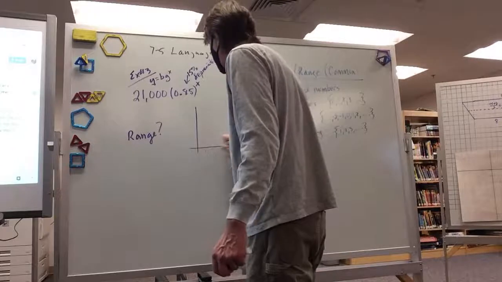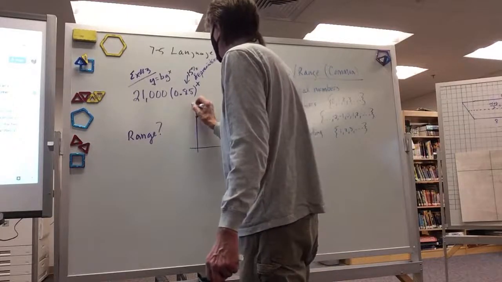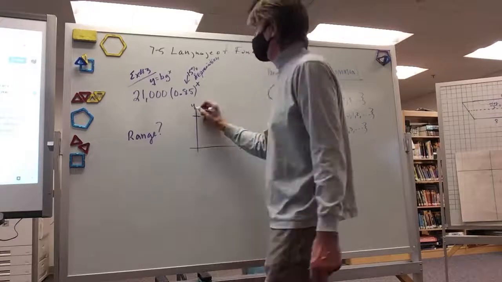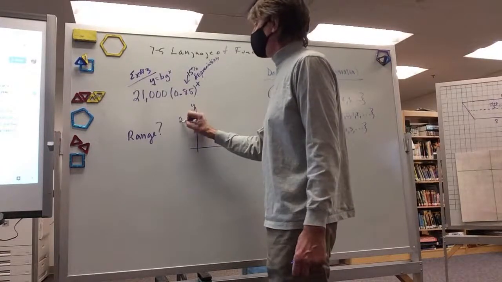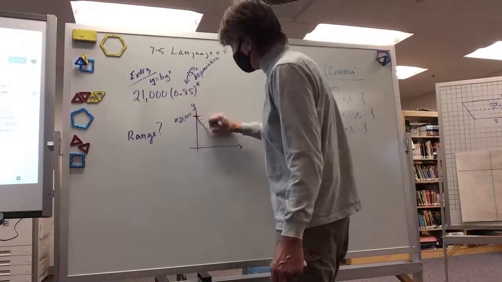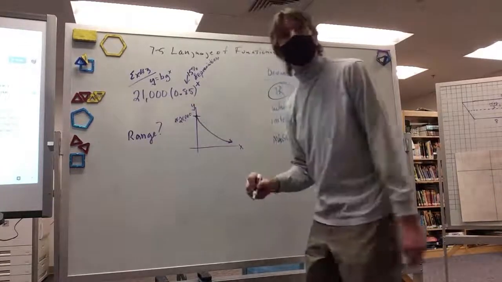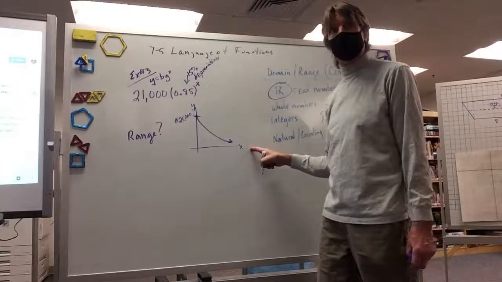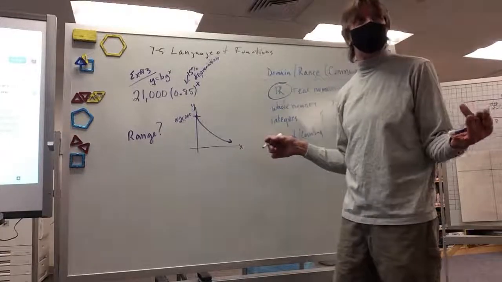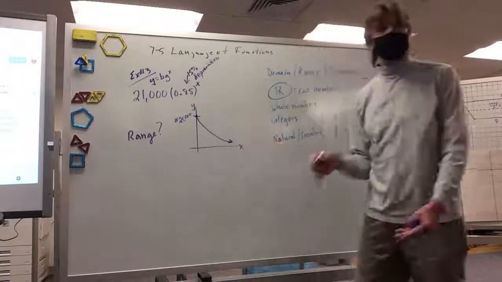So when you graph it, where does it start? $21,000. So that's where it starts, and then it does something like this, right? Does it ever reach zero? It could. You might get down to like 1 penny and you cut that in half.